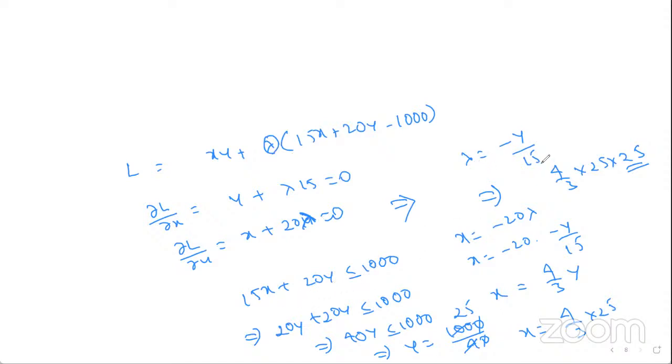Lambda equals minus y by 15, with y equals 25, so minus 25/15, which is minus 4/3. Okay, lambda is minus 4/3. Clear?